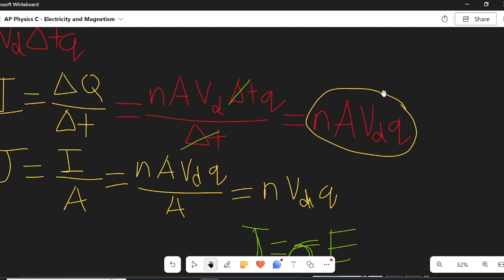And because this current is made up of 4 factors, and if any one of them becomes 0, then the whole current becomes 0. So if there is no charge in the current, there's no current. If the wire is infinitesimally thin, there's no current as well.